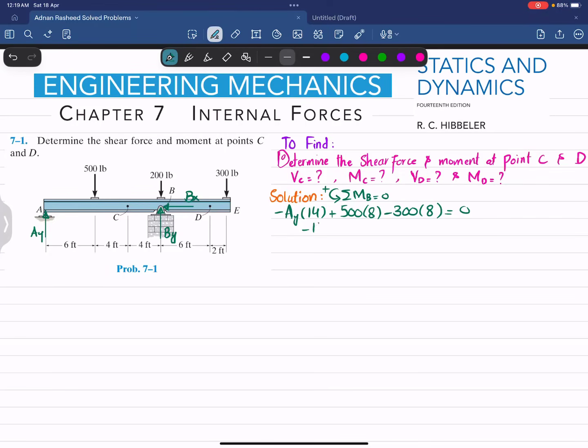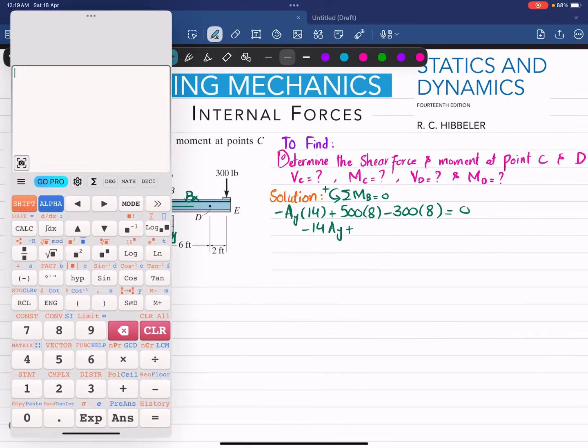So from here we get minus 14 AY plus 500 multiplied by 8, which is 4000, minus 300 multiplied by 8, which is 2400, equal to 0.